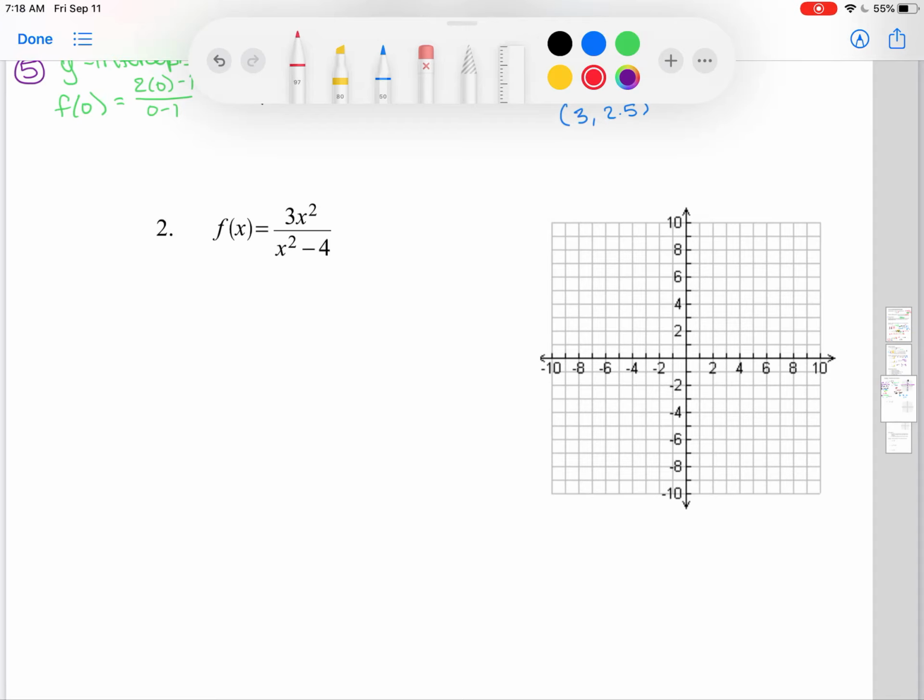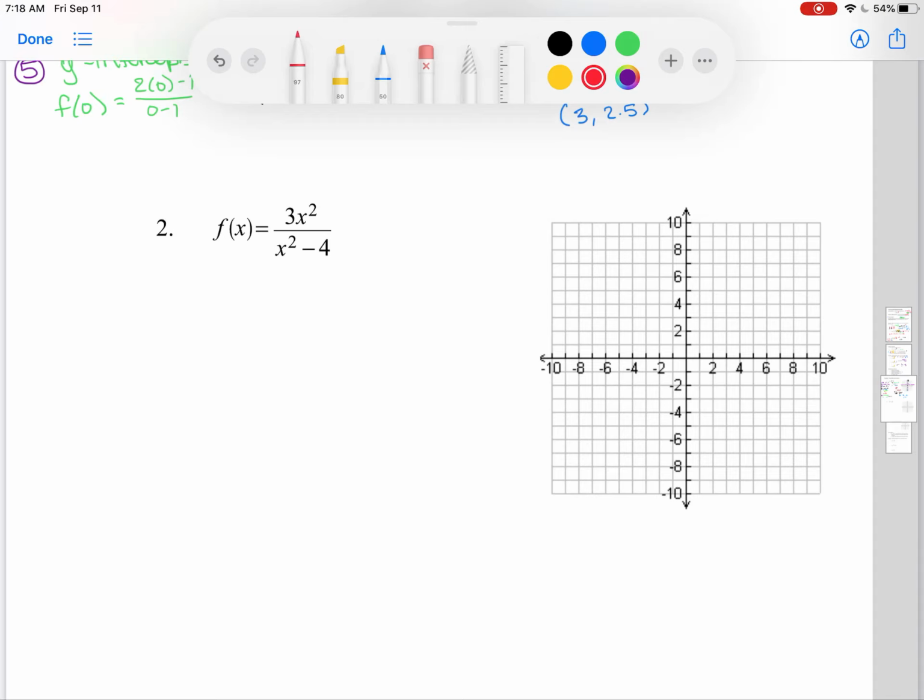Look for your vertical asymptote, so that means we need to factor the denominator. Then your horizontal asymptote, look at those rules on your exponents. Check for holes. I will tell you that this question has no holes. X-intercept, y-intercept, and then any additional points from there, okay?